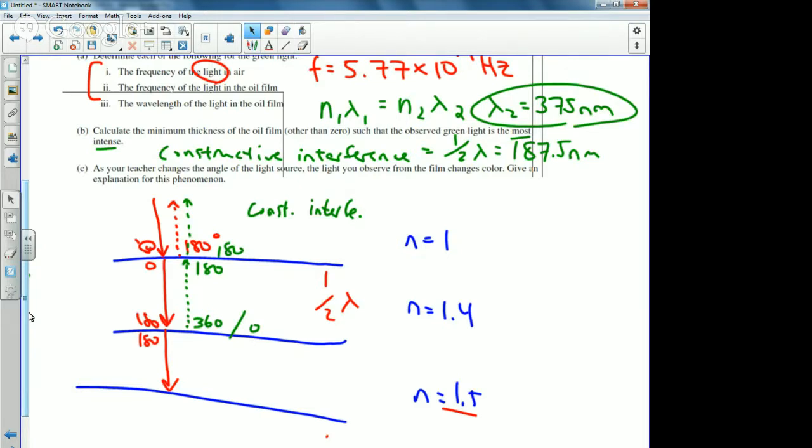Now, as your teacher changes the angle of the light source, the light you observe changes color. Why? Well, right now, that's the wavelength of green light, 375. If I change the angle, look. If instead of using this angle over here that's straight on, now this is the angle. Is that the same distance as before? No, it's not the same distance.